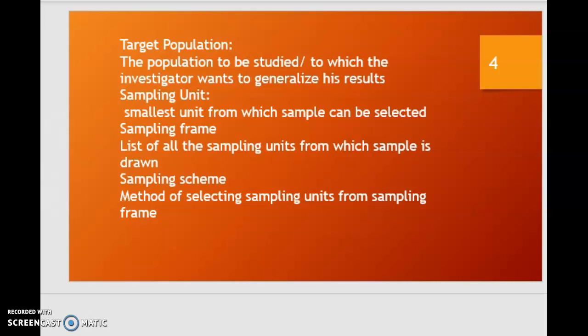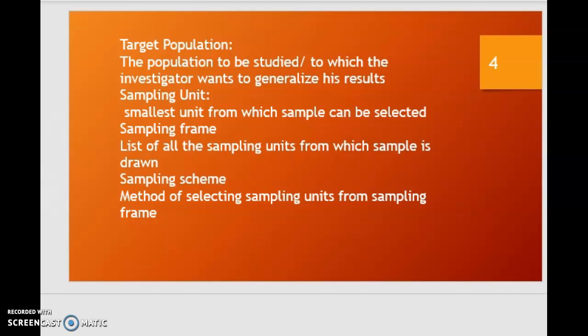Let's say we want to look at students enrolled in HBCUs. The target population would be students enrolled in HBCUs across the U.S. But the sampling unit, because of problems of accessibility, would be a particular university that we want to use.